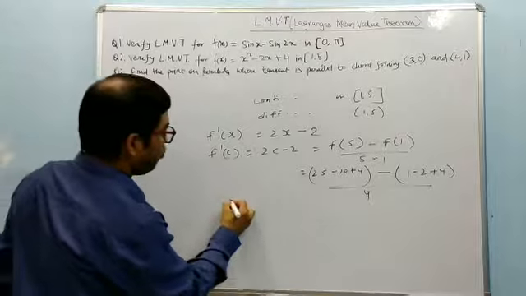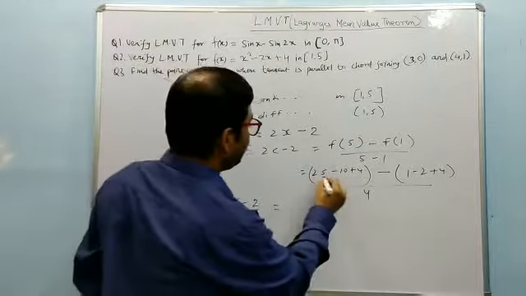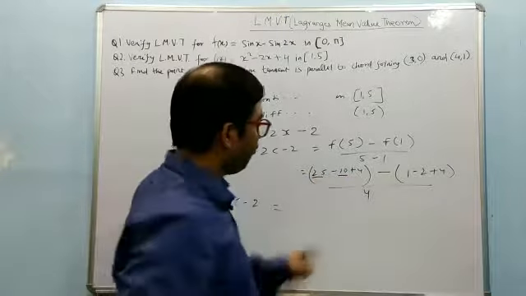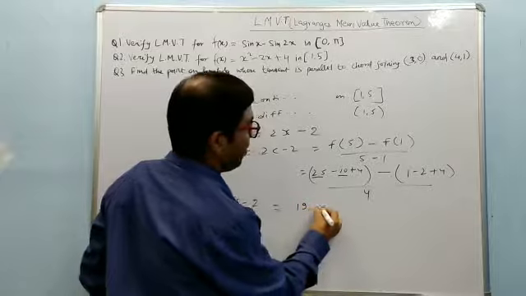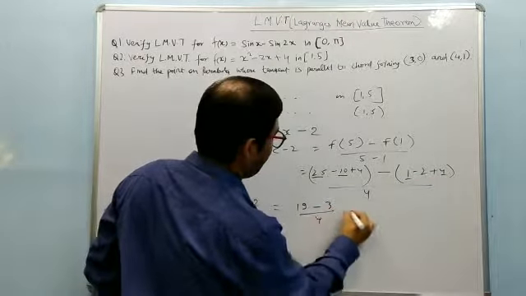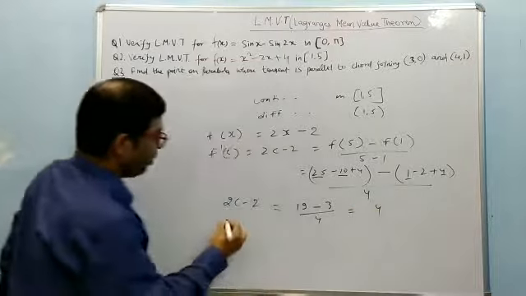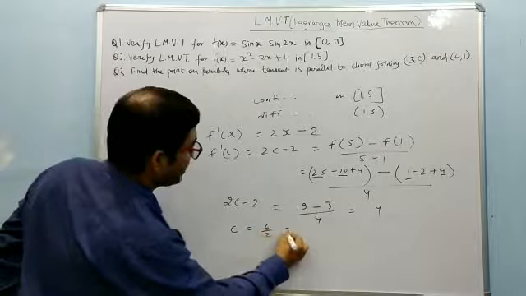So 2c minus 2 is equal to 25 minus 10 is 15, plus 4 is 19, minus 3, by 4. 16 by 4 is 4. So c is coming out to be 6 by 2, that is 3.